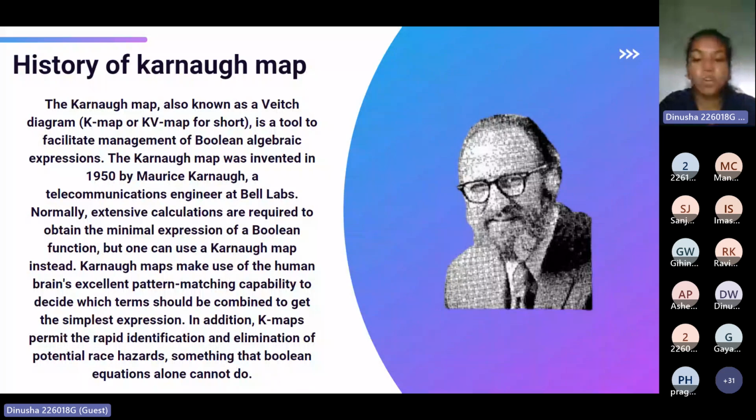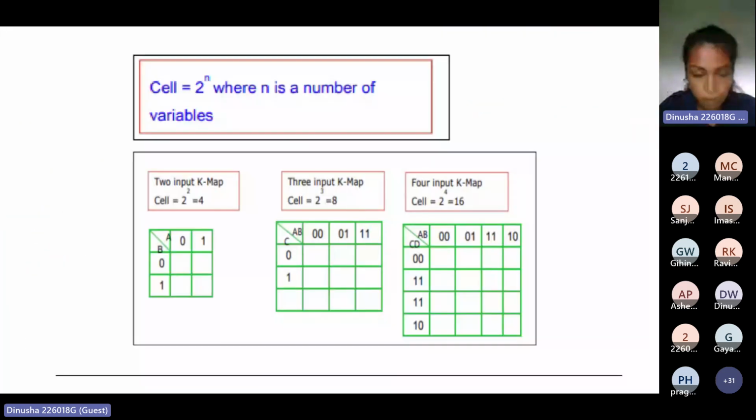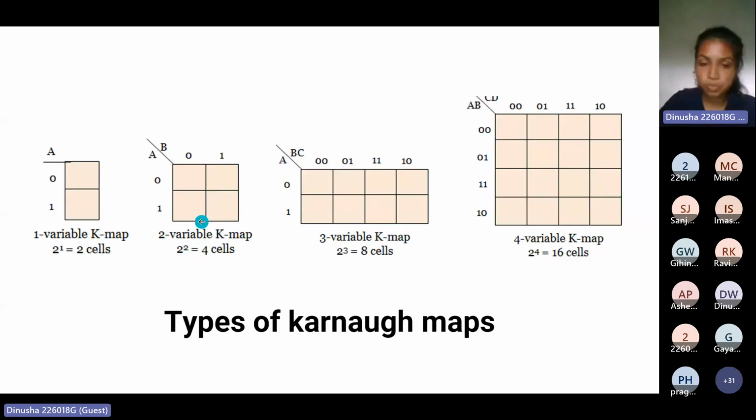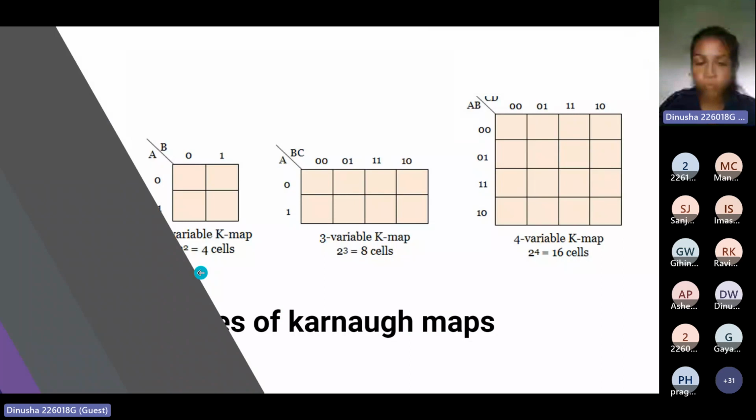When we talk about how Karnaugh maps are made, the number of cells, where a cell means this square, is determined by the number of inputs. If we have 2 inputs, it means 2 to the power 2, so we need to draw 4 cells.